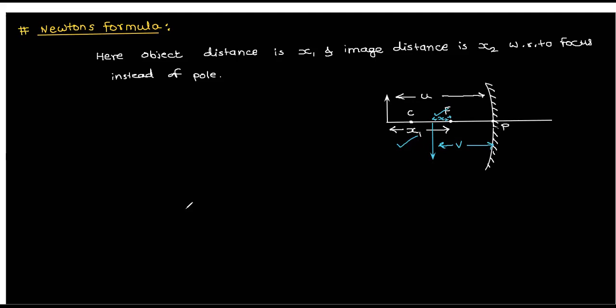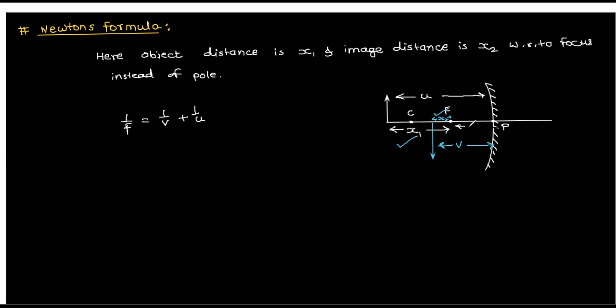So let's see how we are going to derive this formula. First of all, we know 1 by f is equal to 1 by v plus 1 by u. Now, see here. In place of this v, what can I write?